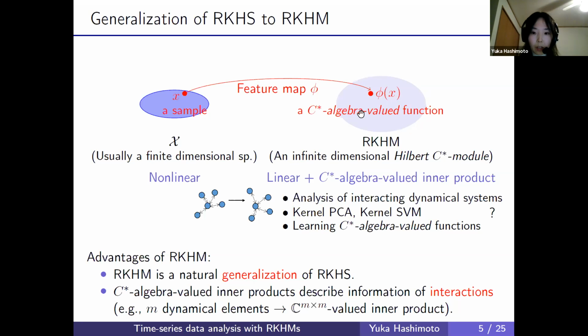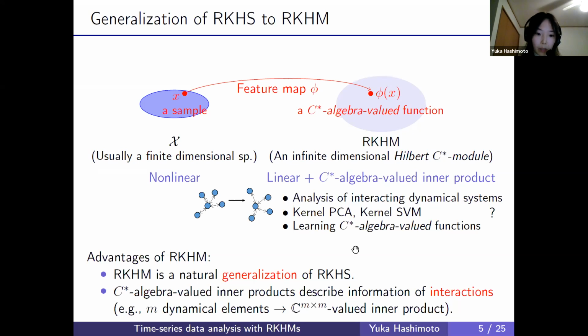This is a module, which is a generalization of a vector space. And also we can consider a C-star algebra valued inner product in RKHM instead of the complex valued inner product in RKHS. By using this C-star algebra valued inner product, we expect we can analyze interacting dynamical systems.